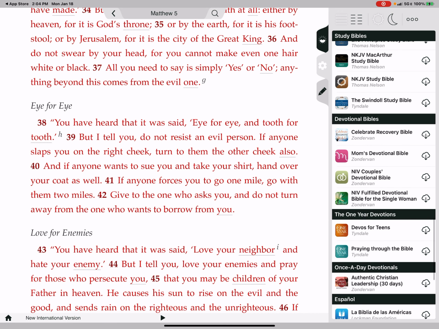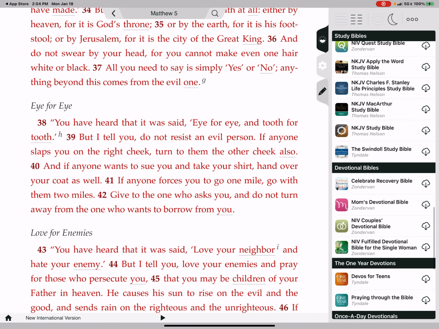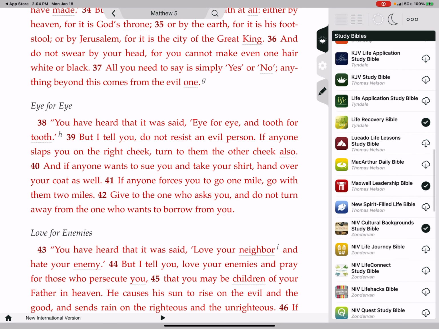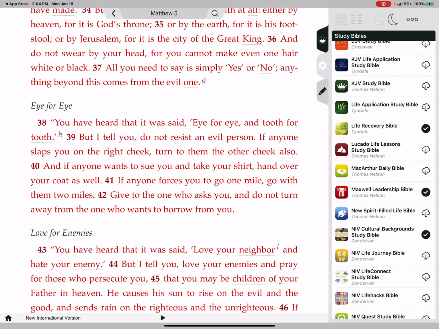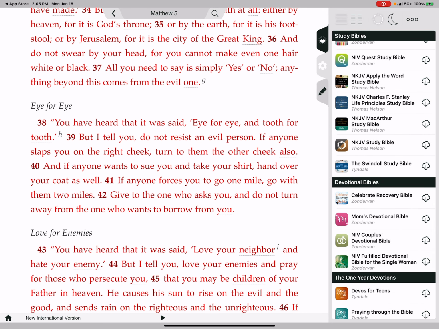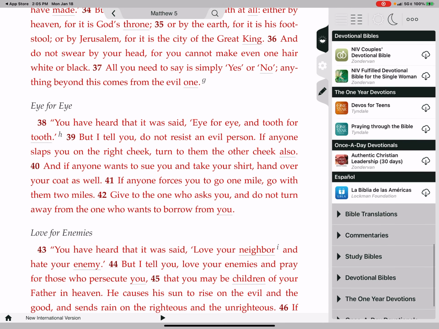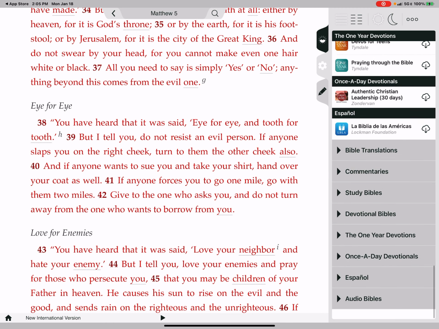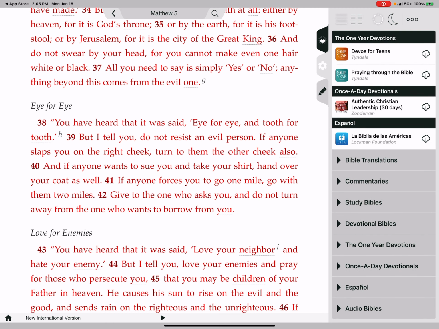You have devotional Bibles. Now, the Life Recovery Bible is under study Bibles, but under devotional Bibles is the Celebrate Recovery Bible. You have the Mom's Devotional Bible, and then you have one year devotions.